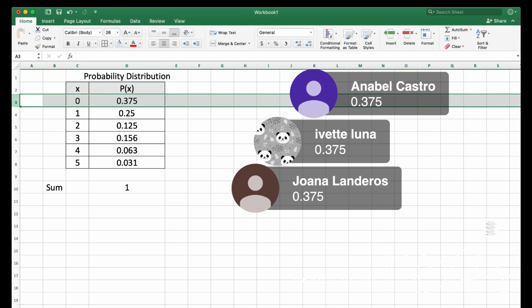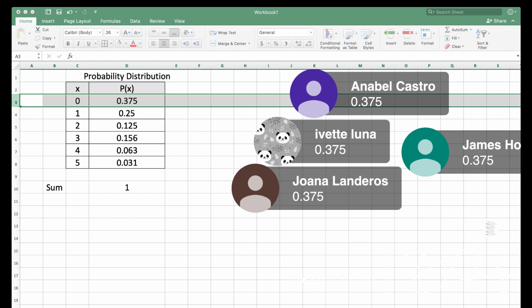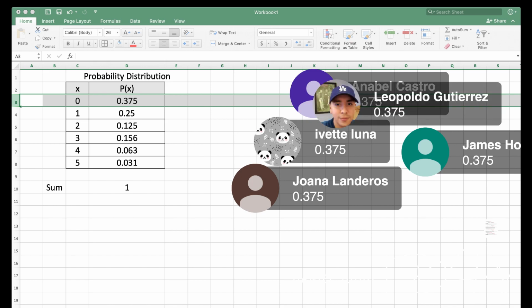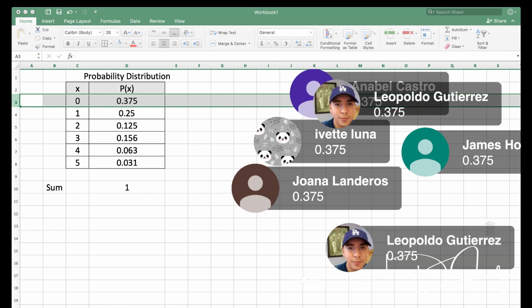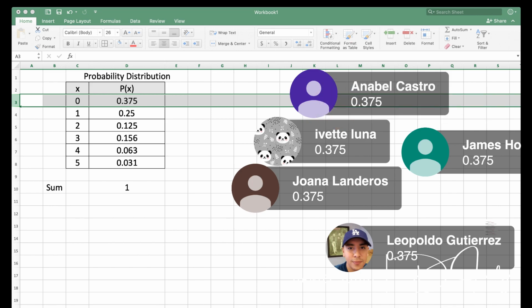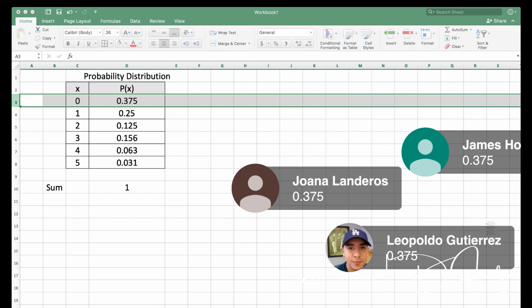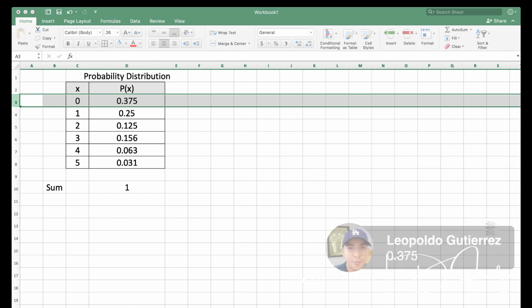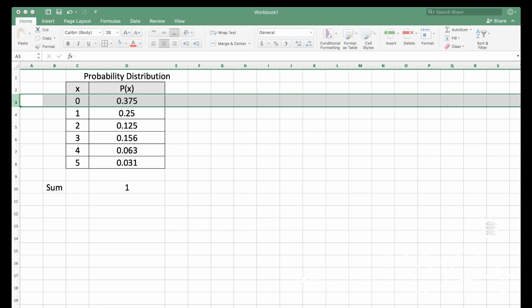The answer is going to be 0.375. So all you guys are correct. James is correct. All you guys here, Cindy, good for you guys. Thank you guys so much. See how we can do this? This is about notation. We have to first start with how to read and write in terms of this probability distribution.